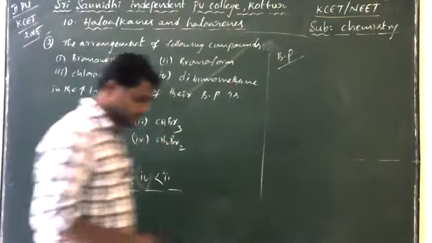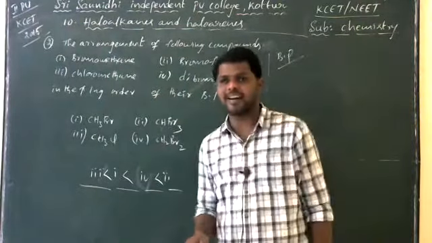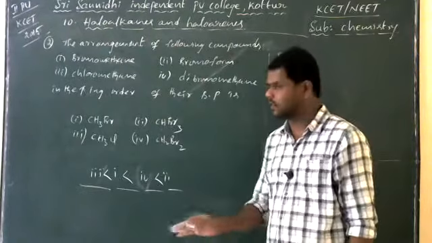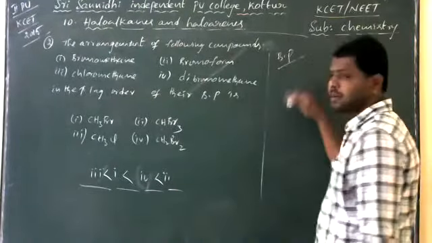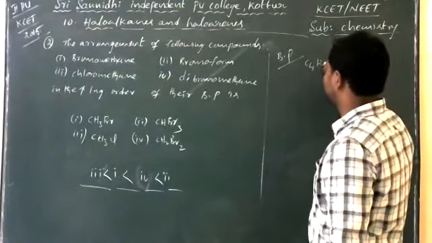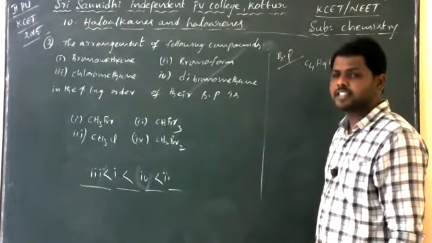And one more concept among the isomeric alkyl halides, just a few more pieces of information. I am explaining the question and answer a little more. Among the isomeric alkyl halides, take for example C4H9Br, which is called butyl bromide.